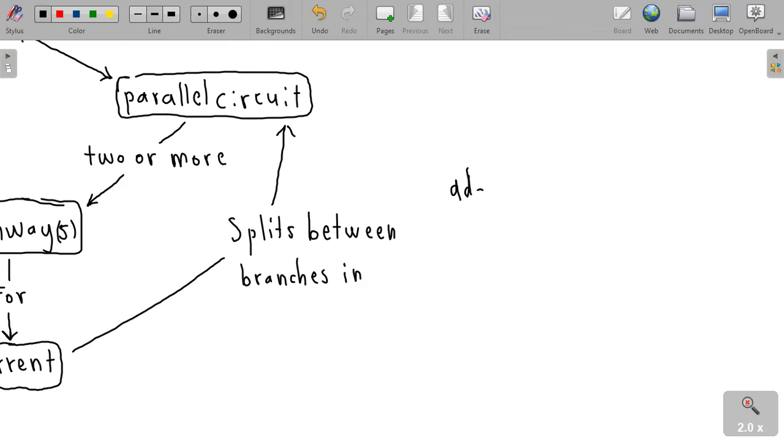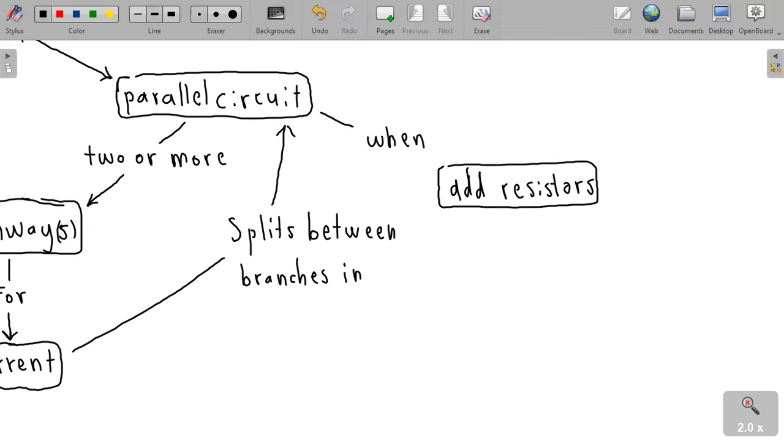When you add resistors in a parallel circuit, what happens?